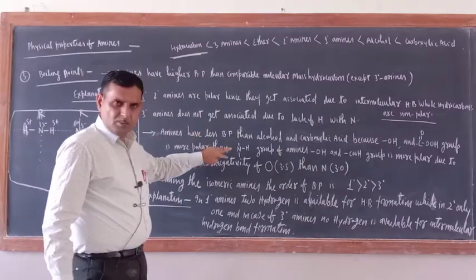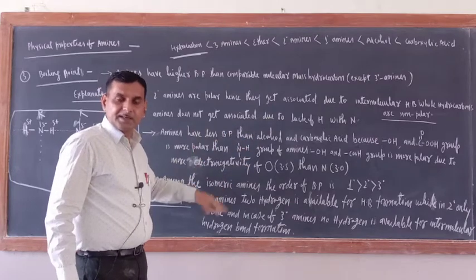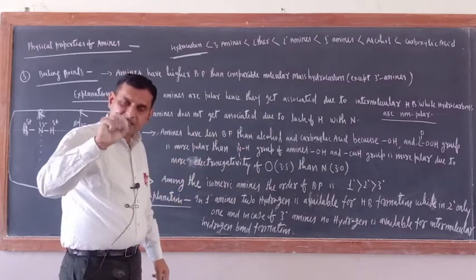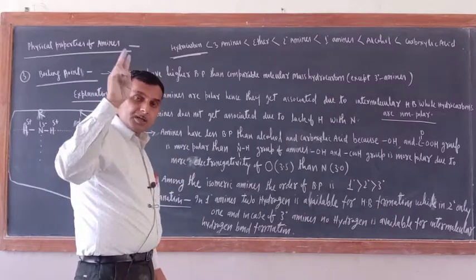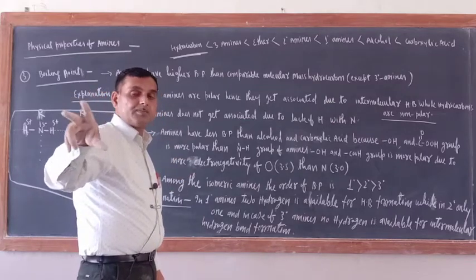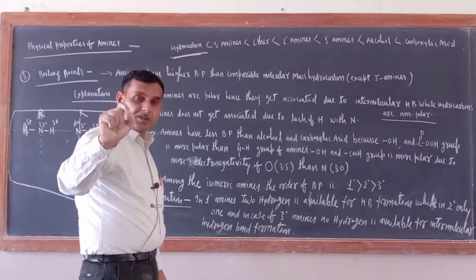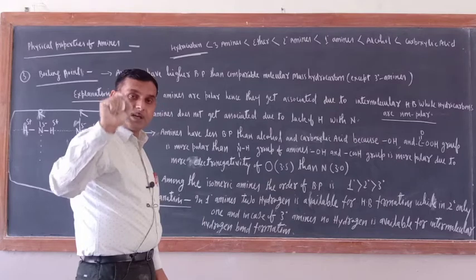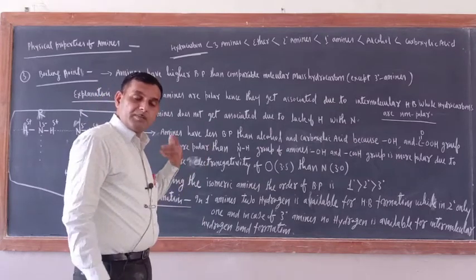Amines have less boiling point than that of alcohol and carboxylic acid. Reason? Just see. Amine NH bond is polar, but as compared to OH and COOH bond of carboxylic acid, it is less polar because nitrogen electronegativity is 3.0, oxygen is 4.0. So which will be more polar?